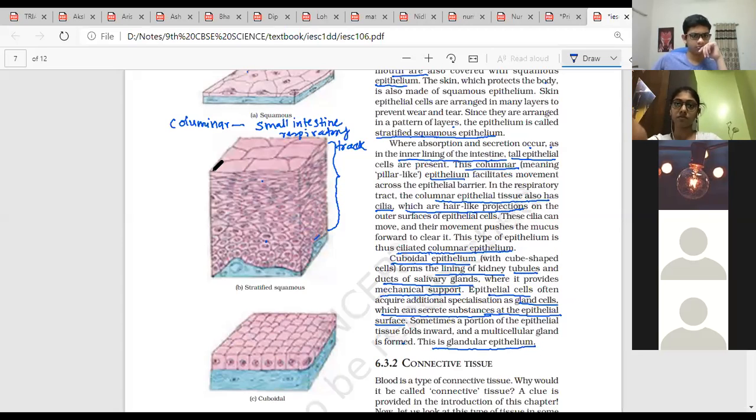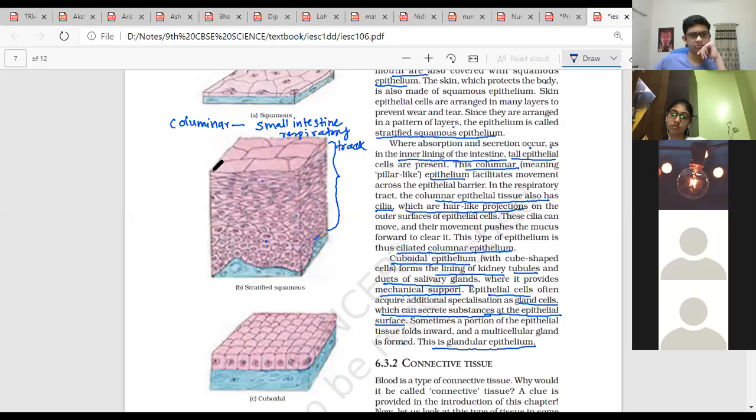It's clear? In general, that is the matrix, and the different cells embedded in it are different cells, like thrombocytes. Different connective tissues have different cells with different names. These tissues also consist of fibers, thread-like structures: white fiber and yellow fiber.